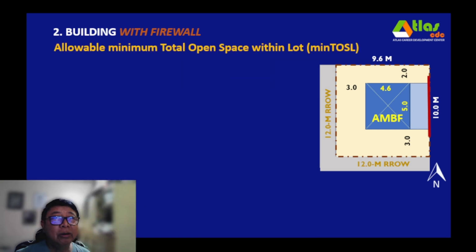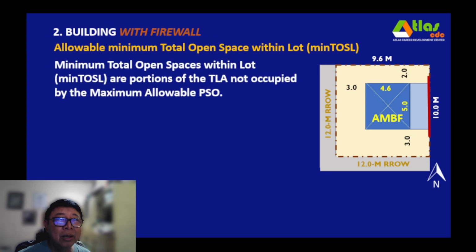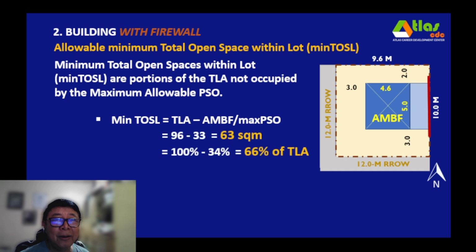So let us start with the allowable minimum total open space or the minimum TOSL. Again, if we refer to that provision, the minimum TOSL will be the portion of the lot that is not occupied by the maximum PSO. So we only have to deduct our AMBF value or the maximum PSO value that we have derived earlier, that is with firewall.